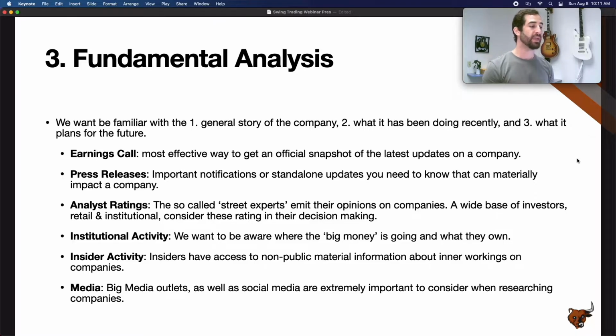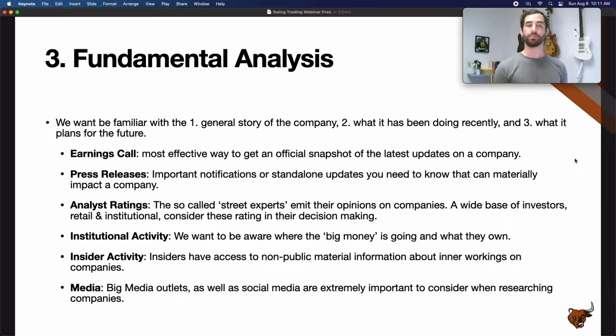Okay, and let's not go too crazy into it, but quickly touch upon what sort of elements you just want to check when performing fundamental analysis to make sure that your bases are covered, and then you can move on to the next step and continue with your trade and continue with your strategy.